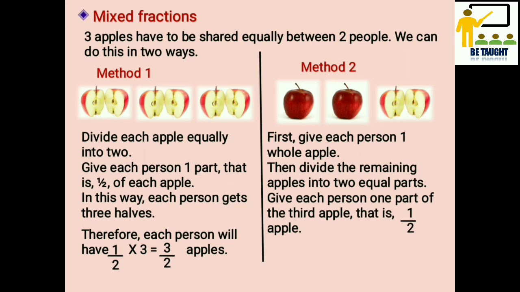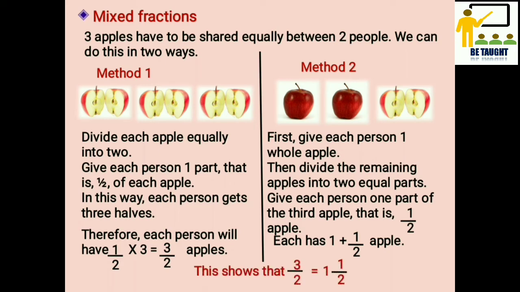So each has 1 plus half apple. So 1 plus 1 upon 2 is written as 1 and 1 upon 2. So this shows that 3 upon 2 is equal to 1 and a half, or it can be read as 1 and 1 upon 2. So a fraction like this is called a mixed fraction.